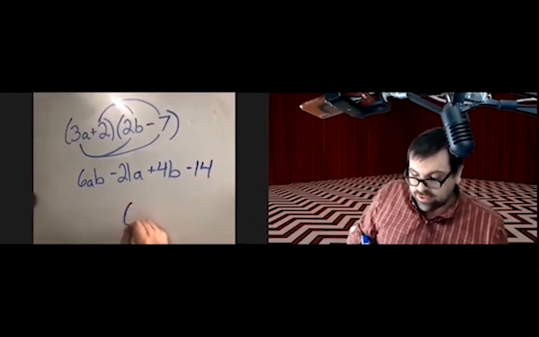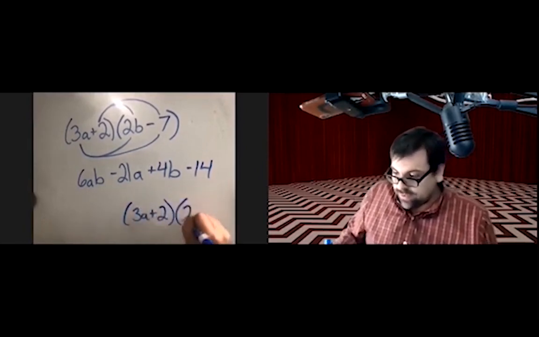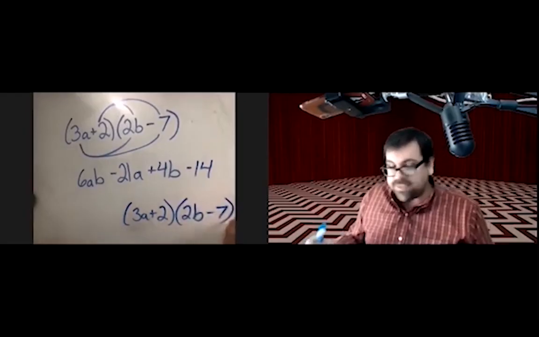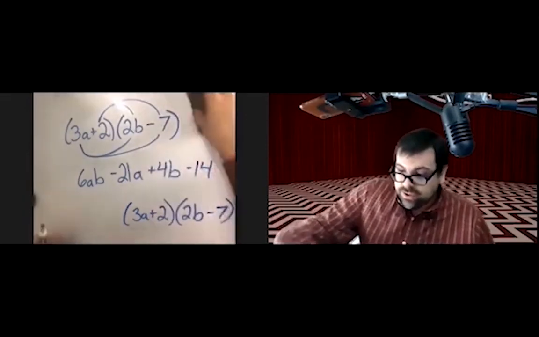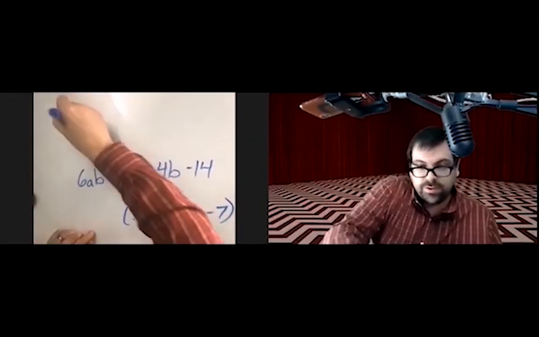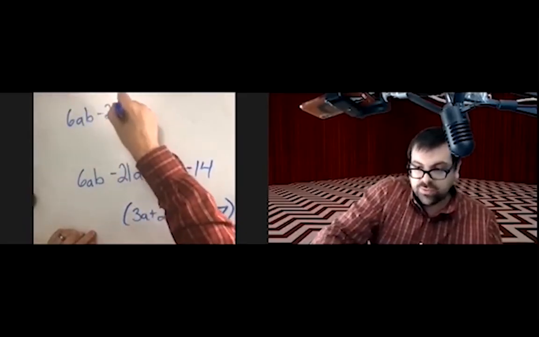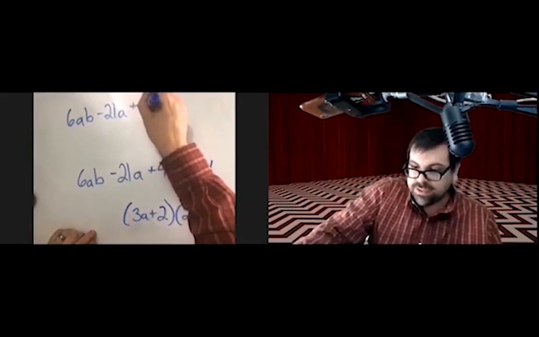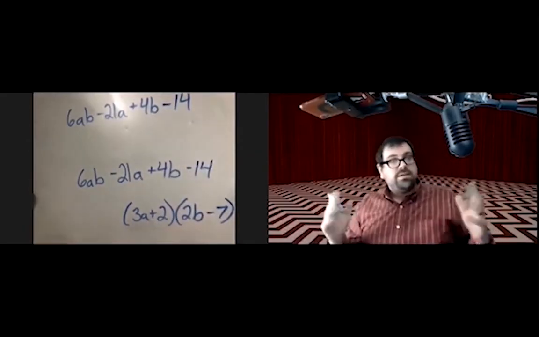This factors to 3a plus 2 times 2b minus 7. Now let's find out how to do it. Let's start with 6ab minus 21a plus 4b minus 14.